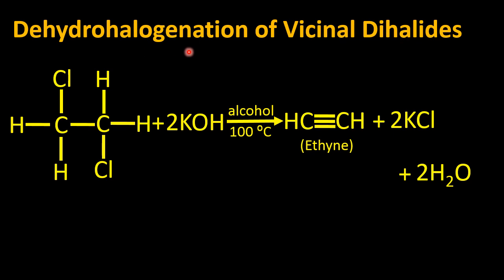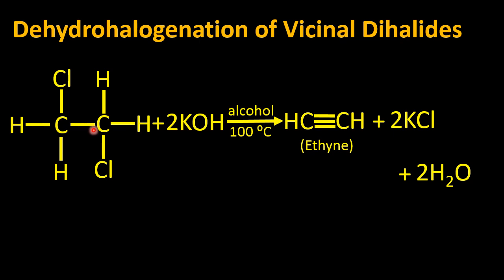Here the term vicinal comes up, and vicinal means that a functional group, here a halogen, is present on 2 adjacent carbon atoms. Since here we have halogens, we name it vicinal dihalide.